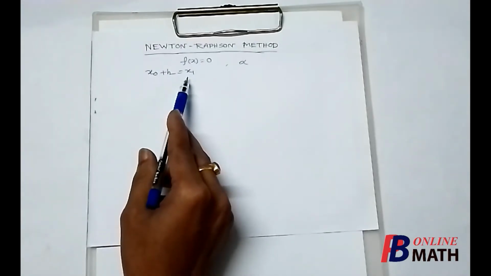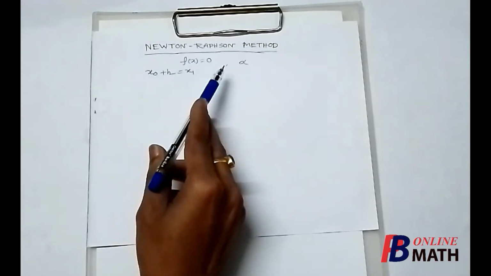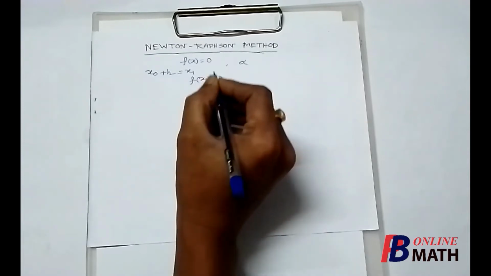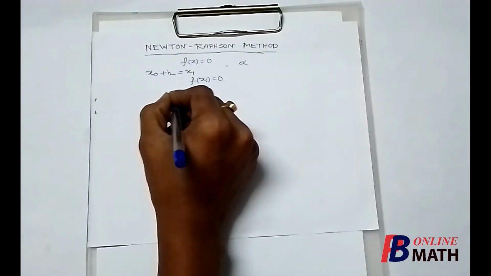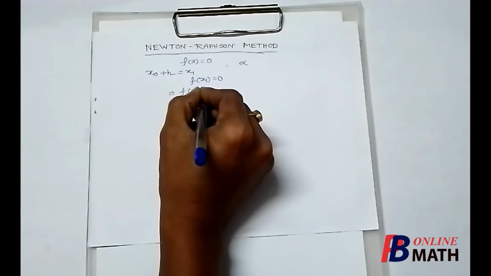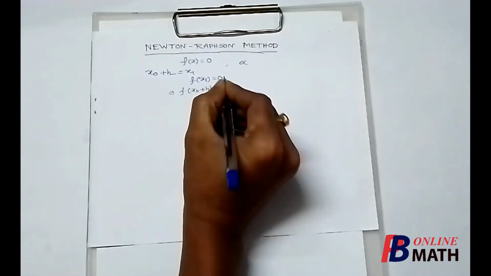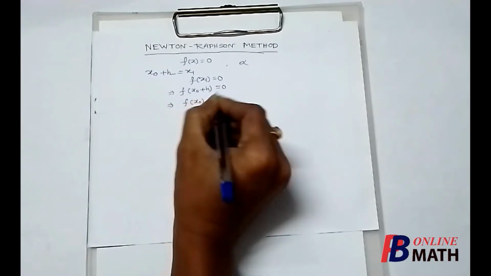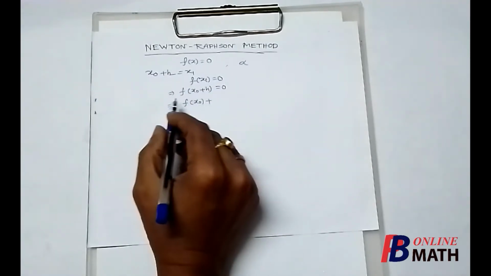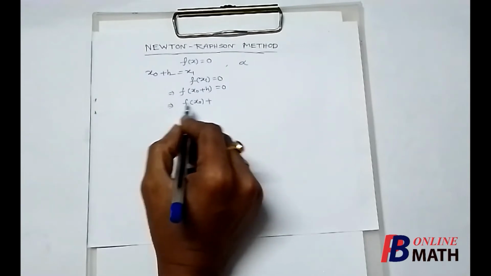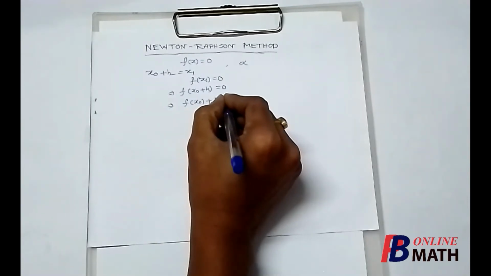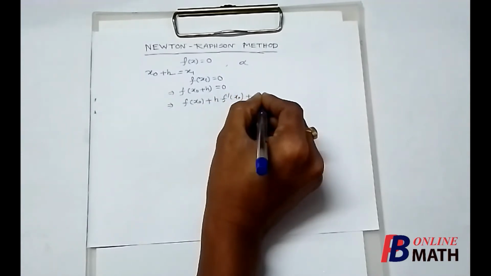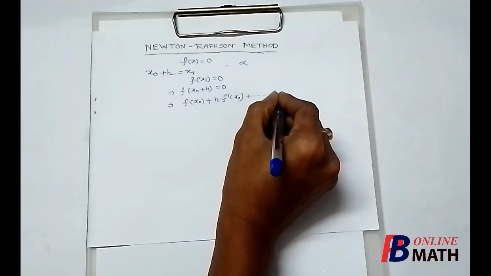Now if x1 is the root of this equation f(x) = 0, then f(x1) must be equal to 0. That means f(x0 + h) = 0. If we expand this in Taylor series, then the first few terms will be f(x0) plus h into f dash x0, and then the higher order terms of h, and this is equal to 0.